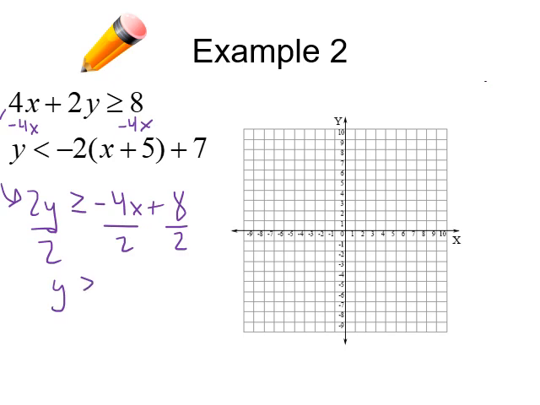So y is greater than or equal to negative 2x plus 4. Let's graph, down 2 over 1. This is a greater than or equal to, so it's going to be a solid line.